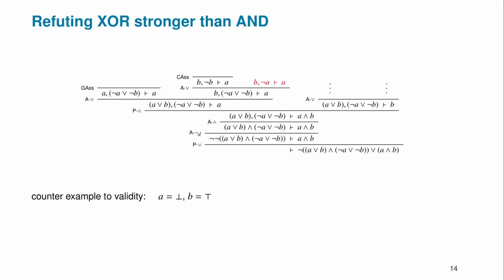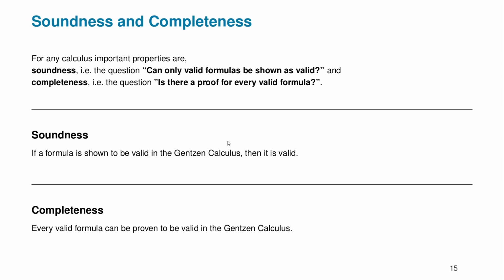And if we can prove that the negation of this formula is valid, then we can conclude that the original formula is unsatisfiable. And if the negation of the formula is not valid, then we get a counterexample why it's not valid, and this is a model of the original formula. And this is the trick to show satisfiability with sequent calculus.